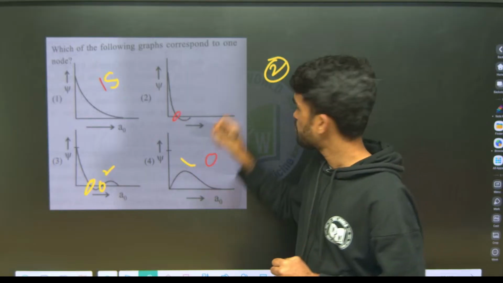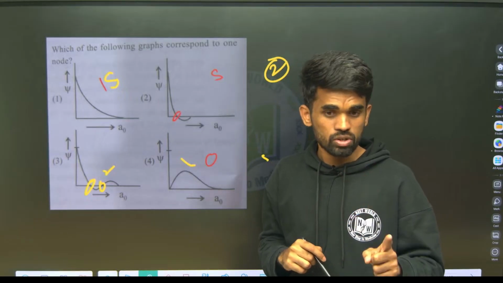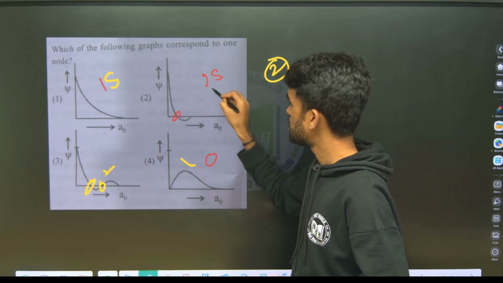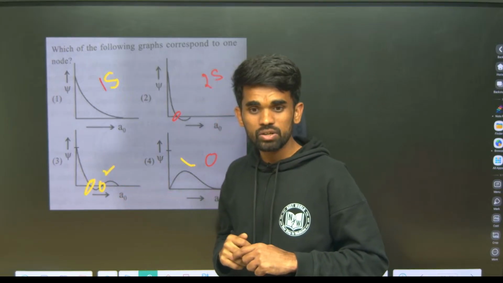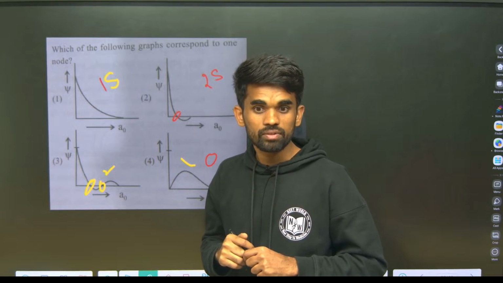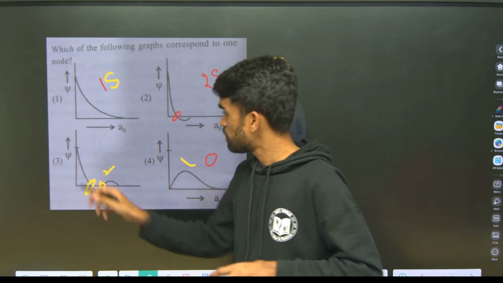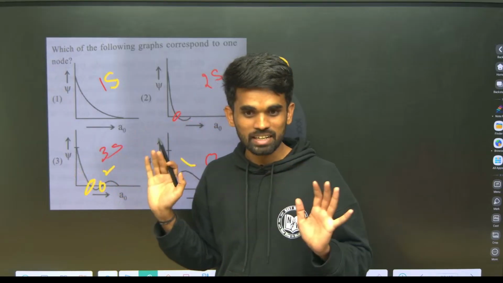S orbital, maxima means, but how many nodes are there? 1 node. So it means 2s. That's it. Again starting from maxima having 2 nodes. It means 3s. That's it. Clear? Yeah.